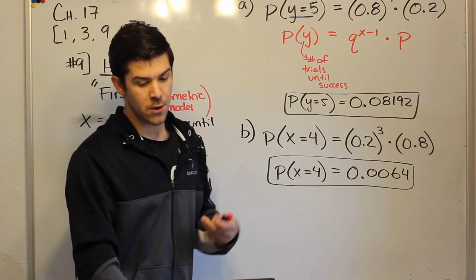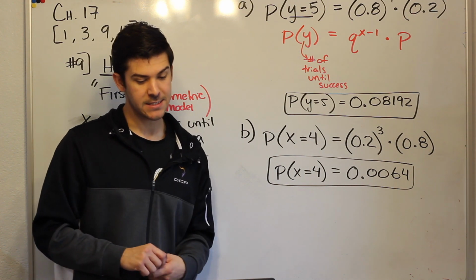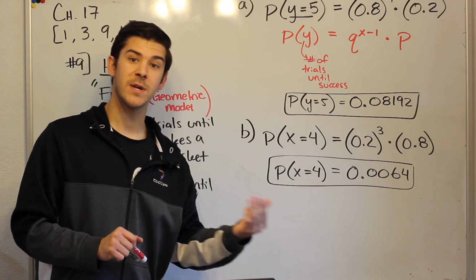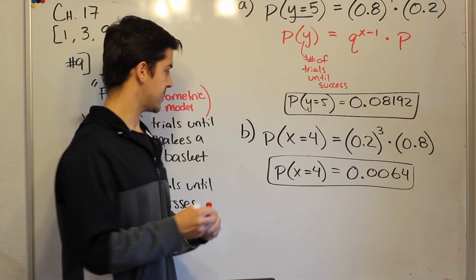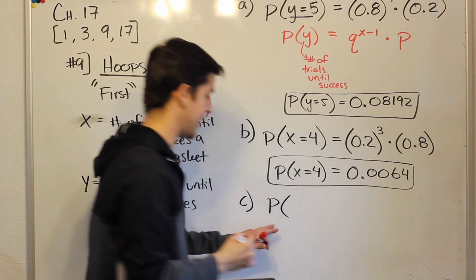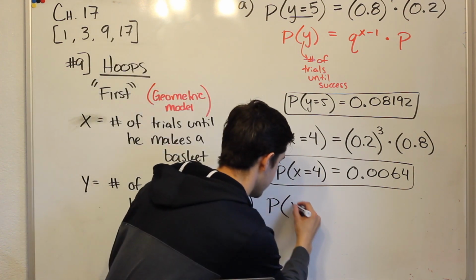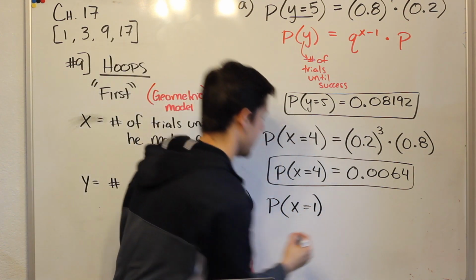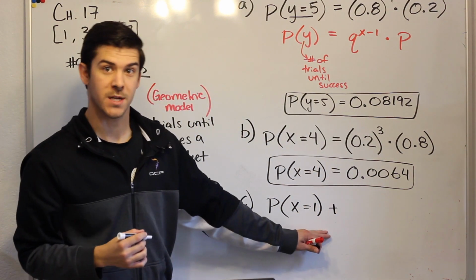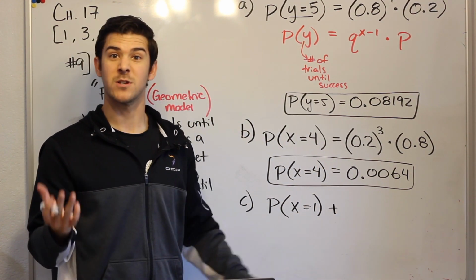For part C, you should really go out and try doing it yourself. It says, find the probability that in tonight's game he makes his first basket on one of his first 3 shots. Which means you are going to be looking for the probability that he makes his basket on the first shot, or, remember that or, it's coming back in here, there's the words and or.